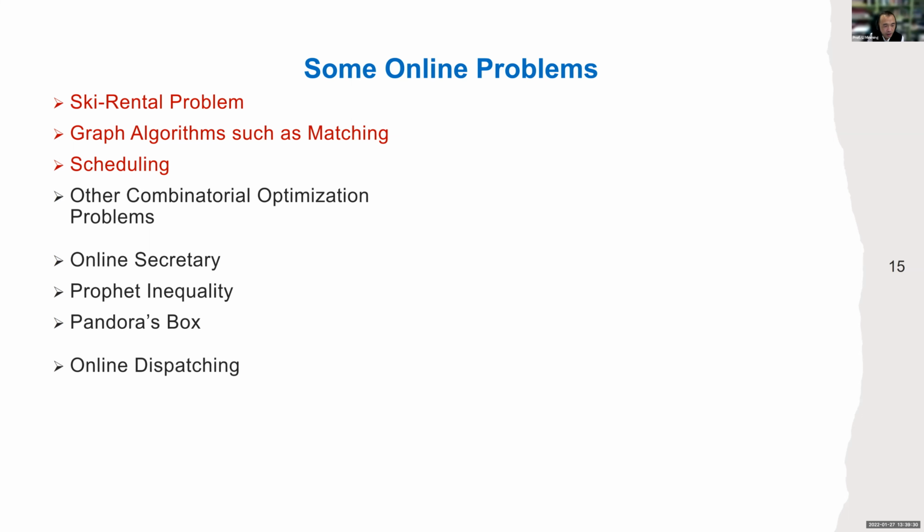Of course, there are many other domains which need online algorithms, like online dispatching. For example, you have some taxis and some orders. How do you ask different taxi drivers to take different orders? These are online decisions. Usually in reality, people need online algorithms more.